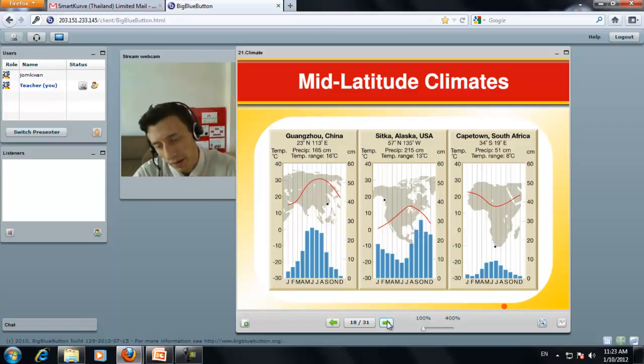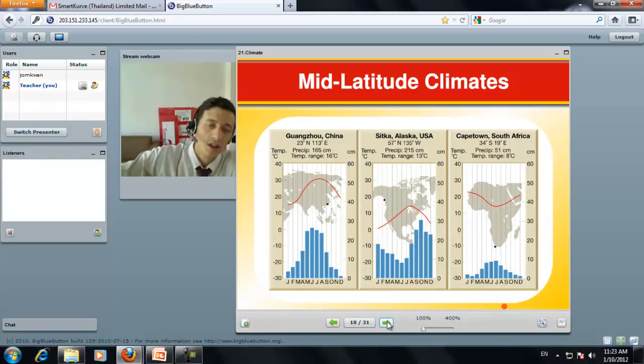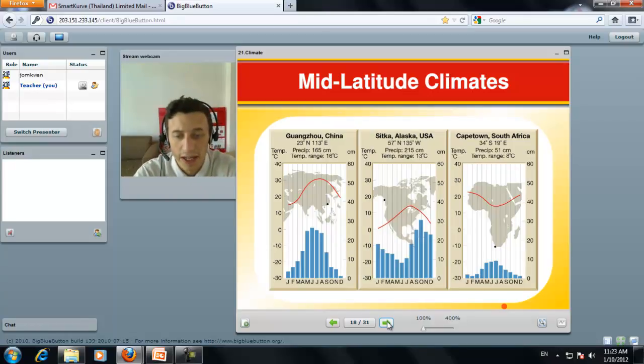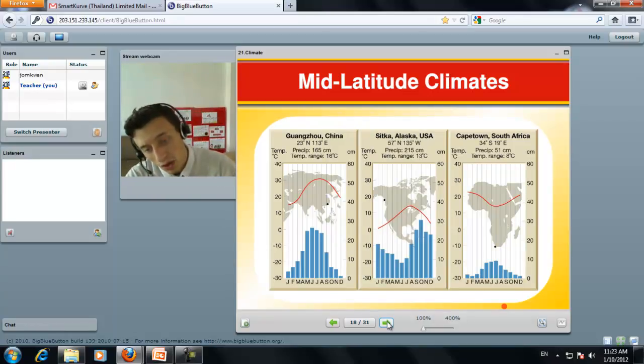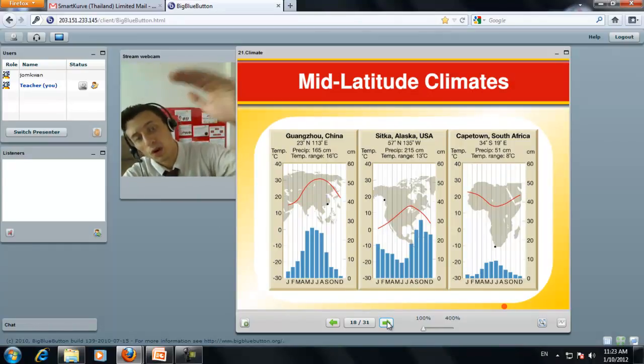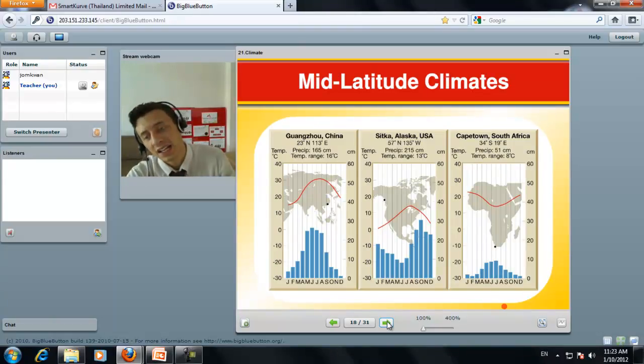Our spring and early summer is actually the driest time of the year. And that early fall moving into late fall is our wet time of the year. So in China, we get a very wet early summer before the temperature peaks, and in Alaska we have our wet months in September and October after the temperature peaks.